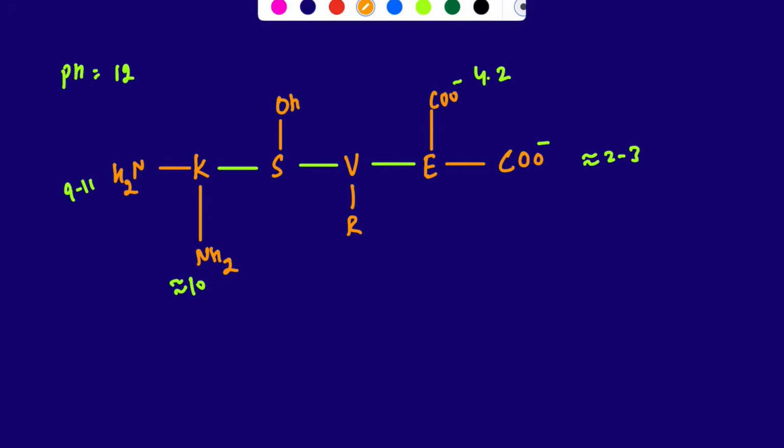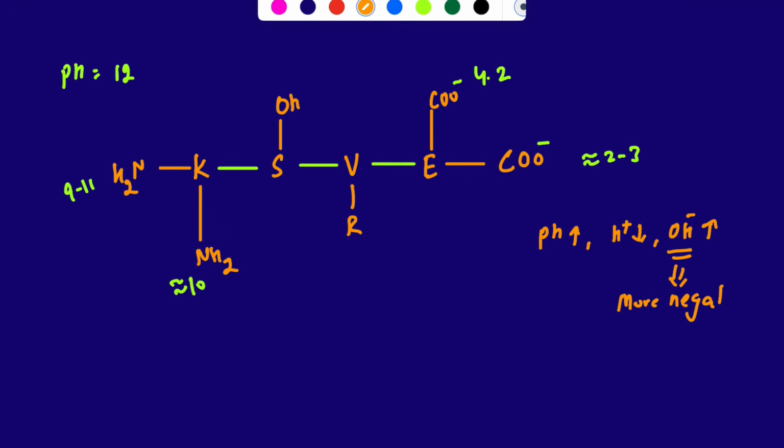So since you lose the charge on the nitrogen, it's becoming more negative now. So when your pH goes up, you can say your H plus concentration goes down or your OH minus concentration goes up. Then if your OH minus concentration goes up, that means you are becoming more negative in this case.